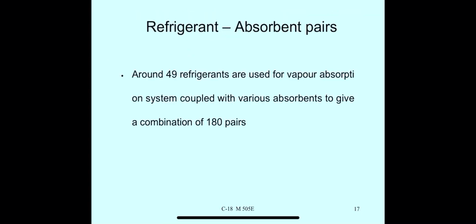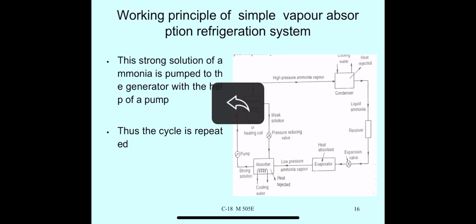Here we are using two substances. One substance is the refrigerant, another substance is the absorbent, that is water. When the two are mixed in the absorber, it becomes a strong solution. Again this is sent to the generator, where the refrigerant and water are separated.